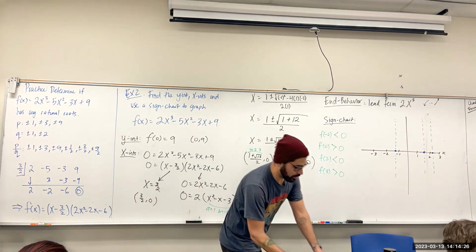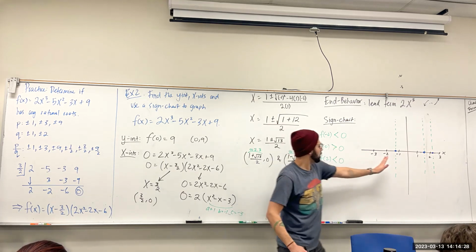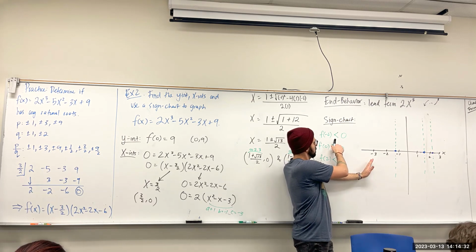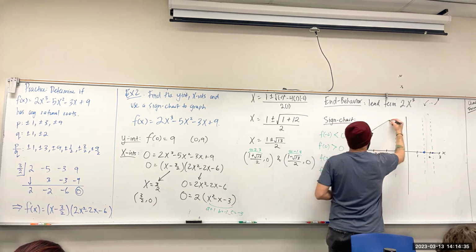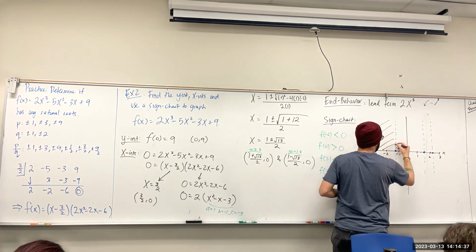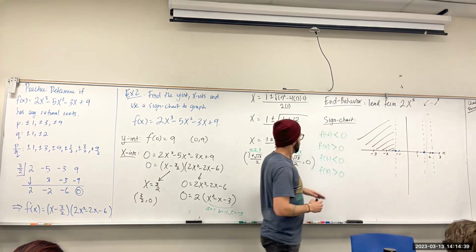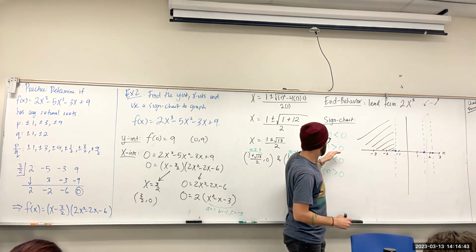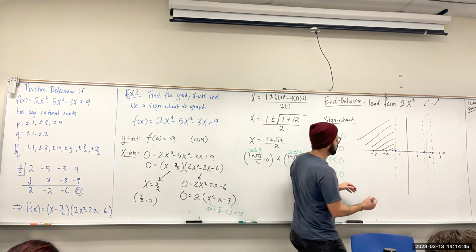So that means, let's see. For this part here, the graph has to be above or below the x-axis. It has to be below, so it cannot be in this area here. And then in this section, f of 0 is positive, so the graph will have to be above.